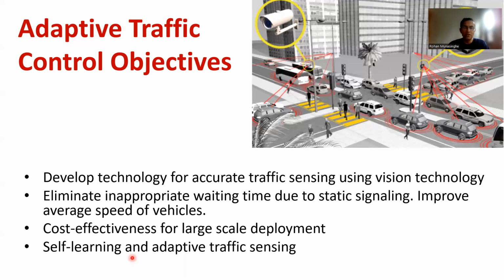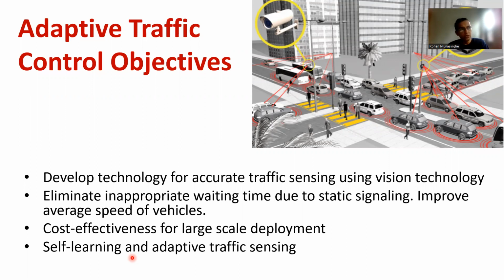Right from day one, it will handle all the traffic in a reasonable manner. But every minute, every day, it only improves. It improves to a certain level because of self-learning, and after that, it will operate in an optimal manner.